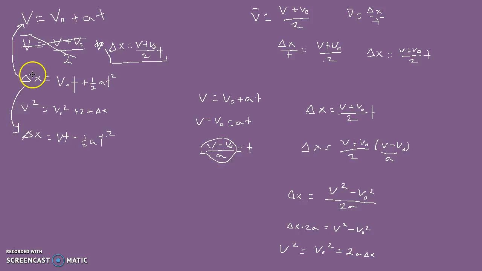This is a variation of that one. I don't ever recommend using it. Really, we're going to use these three, this one, and this one. And occasionally you might find a reason to use this one or that one.